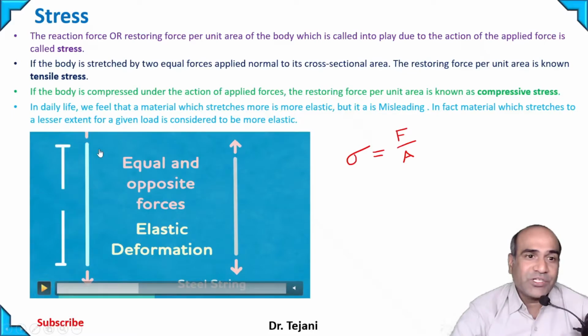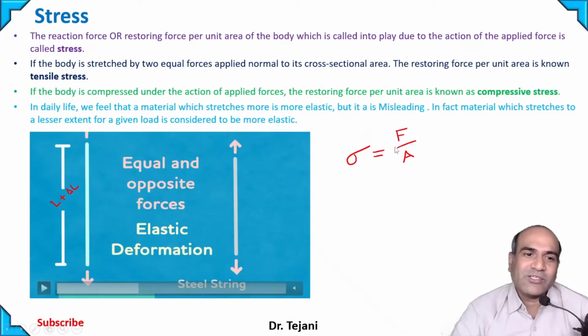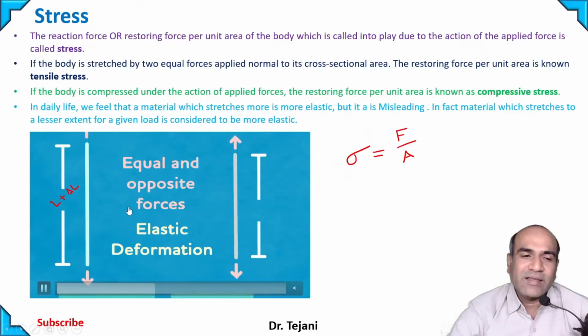You can see also from the animation the increase of length. We can say the length is L original plus the increase of length delta L, which is much higher compared to the steel body.